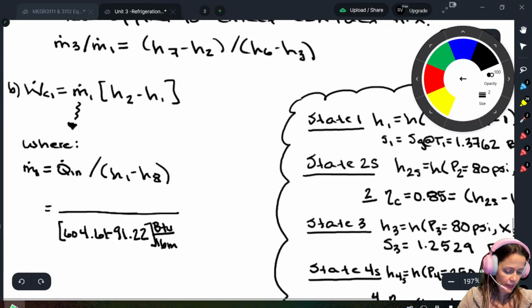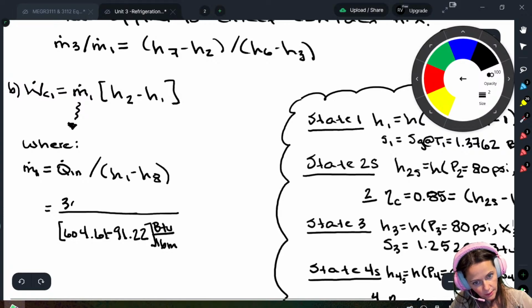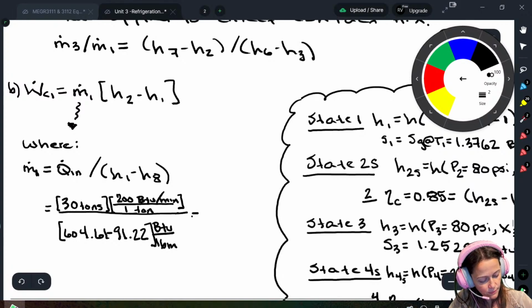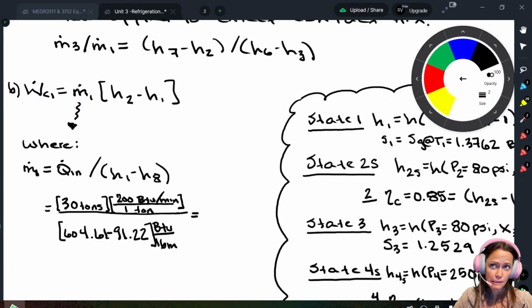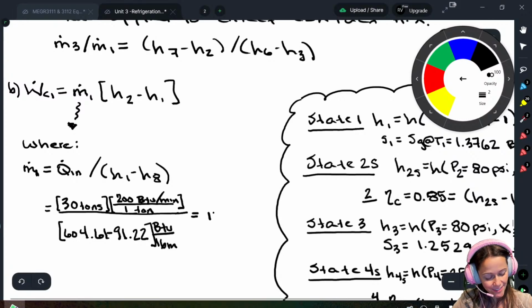Up at the top, we've got 30 tons, and I know that 200 BTU per minute is 1 ton. So I get a mass flow rate of 11.69 pound mass per minute.